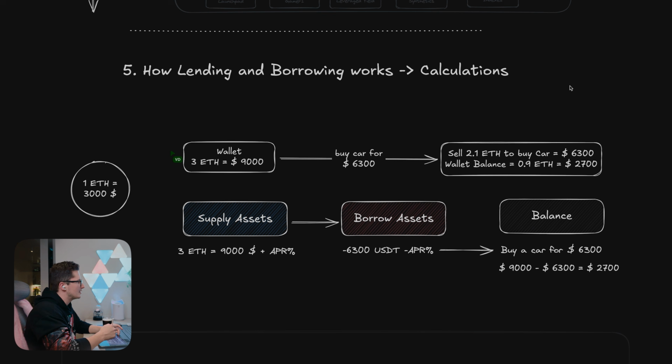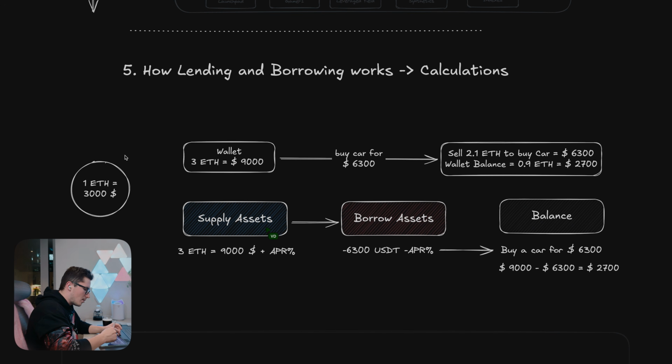Then, if you're using a lending protocol, you can supply assets, so you can supply this ETH and you can borrow assets. Let's imagine we supplied 3 ETH, or the same $9,000. We will get some positive interest, some positive APR, because someone will take this ETH and borrow it.